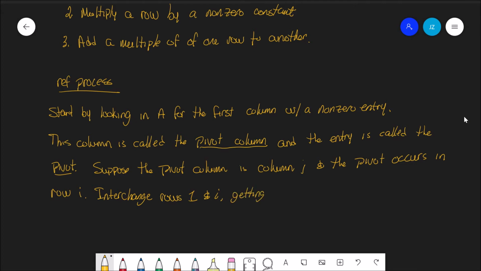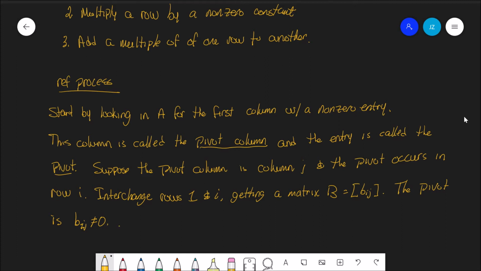This will give us a matrix B. The pivot is now B1J, which cannot be 0.